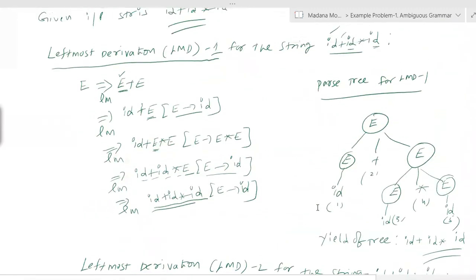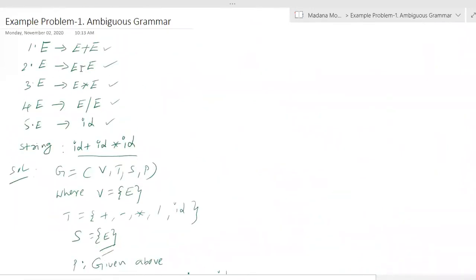You can review once again what we did. The problem is to check whether the given grammar is ambiguous or not for the string ID plus ID into ID. As per the definition of ambiguity for any given context-free grammar, we need to find a minimum of 2 leftmost derivations or rightmost derivations for the same string.